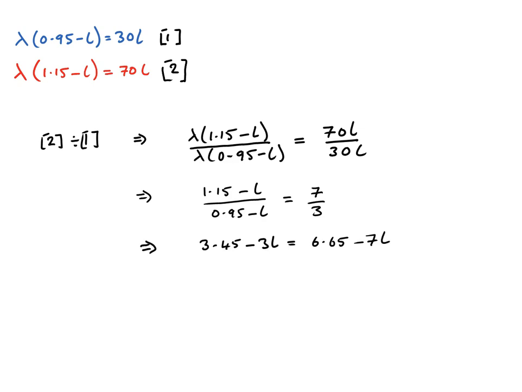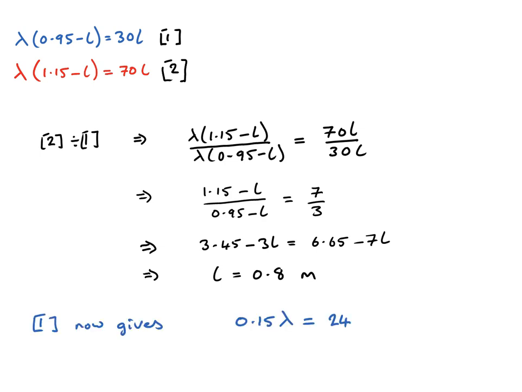If we multiply up to clear the fractions, by 0.95 minus L and by 3, we obtain 3.45 minus 3L equals 6.65 minus 7L, which simplifies down to 4L equals 3.2, so L must be equal to 0.8 meters.